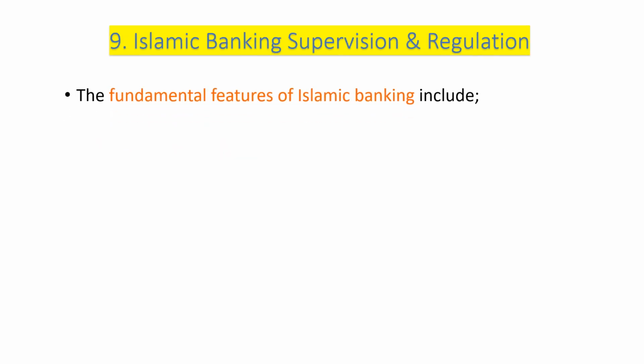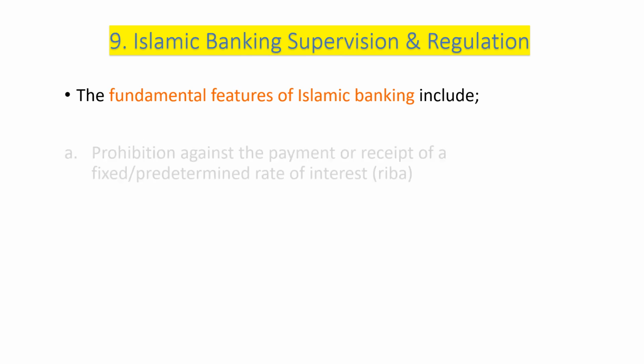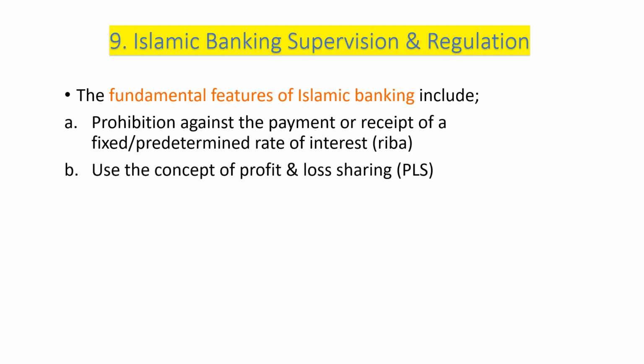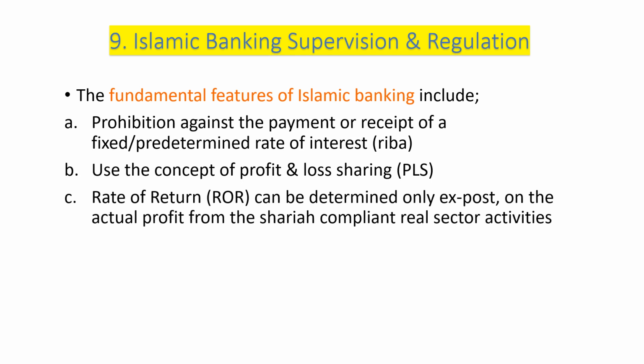Islamic banking supervision and regulation. The fundamental features of Islamic banking include prohibition against the payment or receipt of a fixed or predetermined rate of interest, riba. Use the concept of profit and loss sharing, PLS. Rate of return can be determined only ex post, on the actual profit from the Sharia-compliant real sector activities.